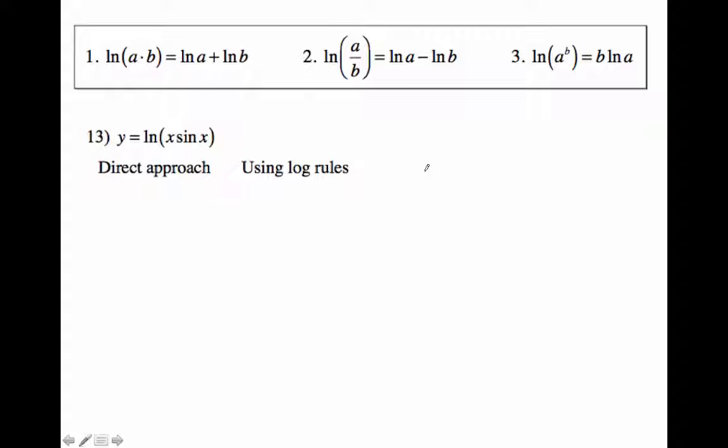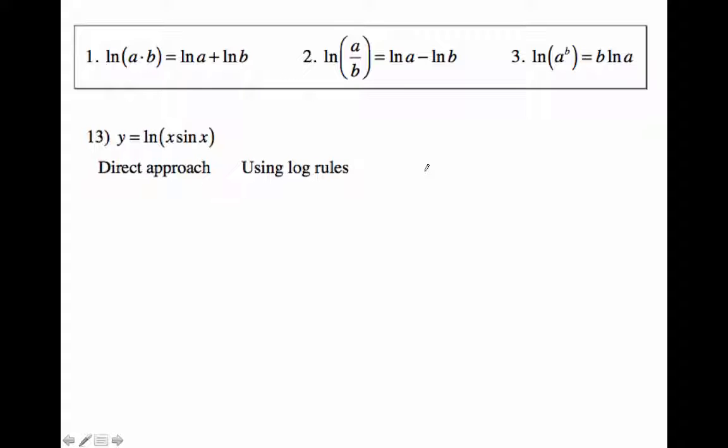Remember, if you take the log of a product, that's the same as the natural log, or any log for that matter, of the first term plus the natural log of the second term. If you take the natural log of a quotient, a over b, that's the same as the natural log of the numerator minus the natural log of the denominator.